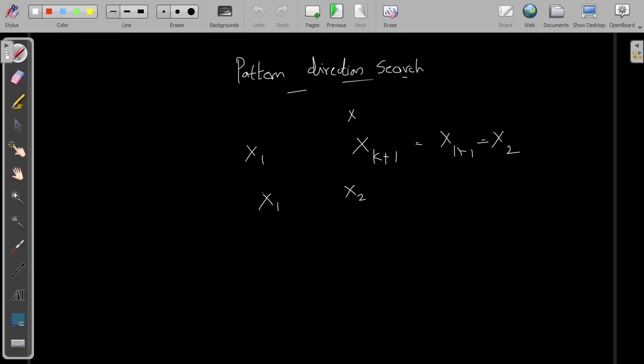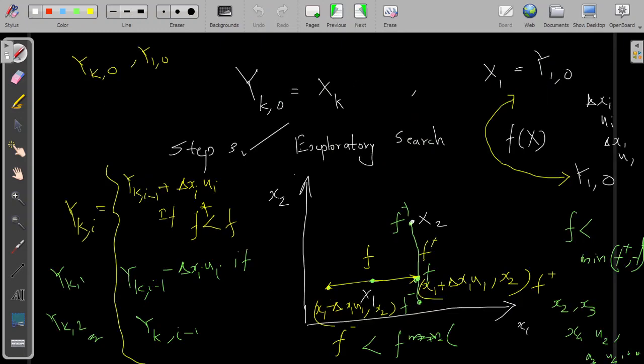That means we got a pattern here by subtracting x1 from x2, that is x2 minus x1, or in this direction, joining these 2 points, we will get a pattern direction.